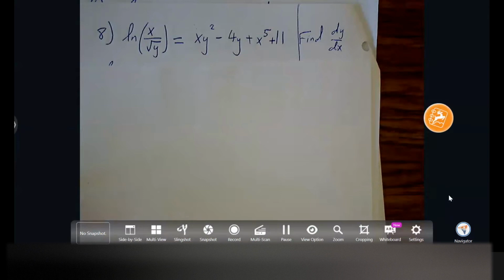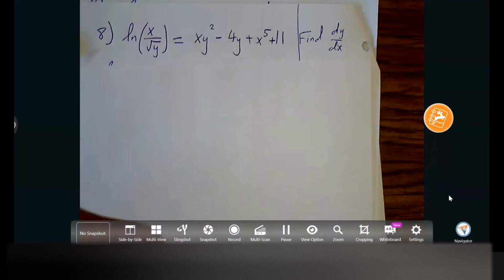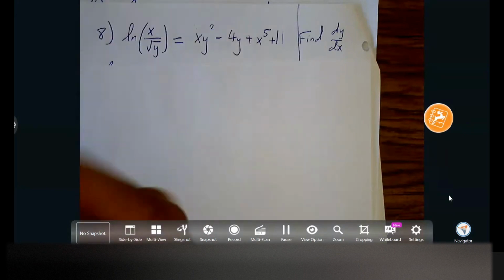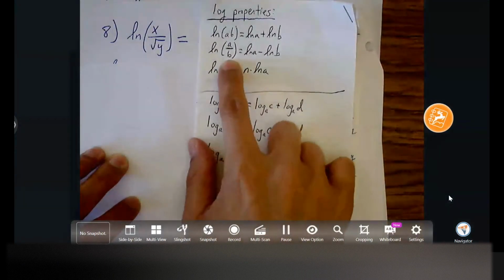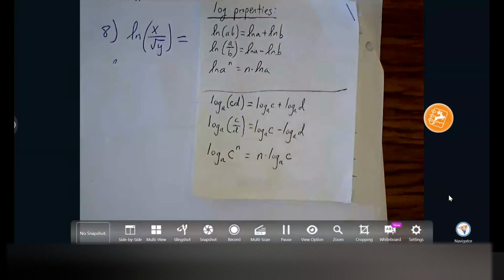Expand that side. All right, Thomas, what is that going to look like when you expand that left side? Log x plus log root of y. Okay, so look at this one here. Is it minus? Yeah, a over b. Okay, write that down.